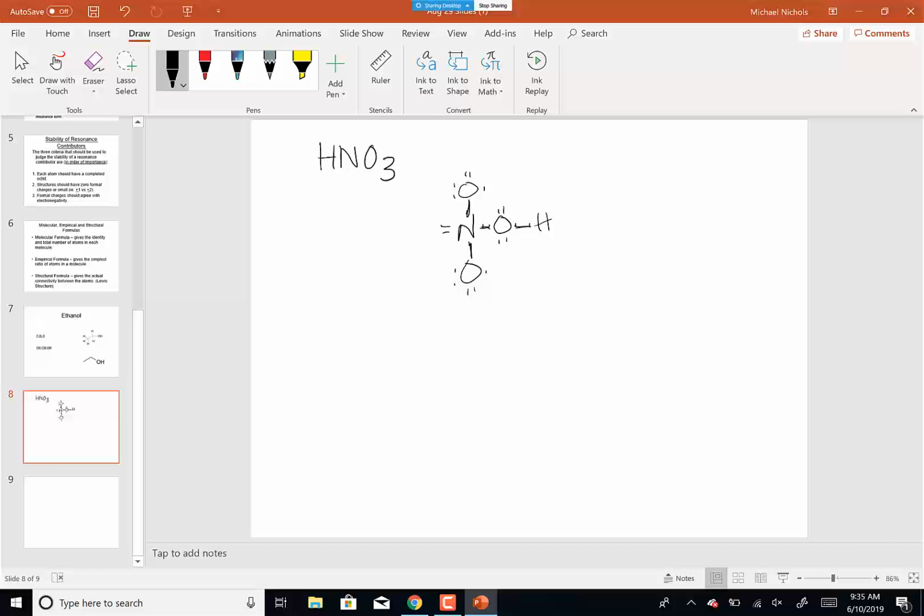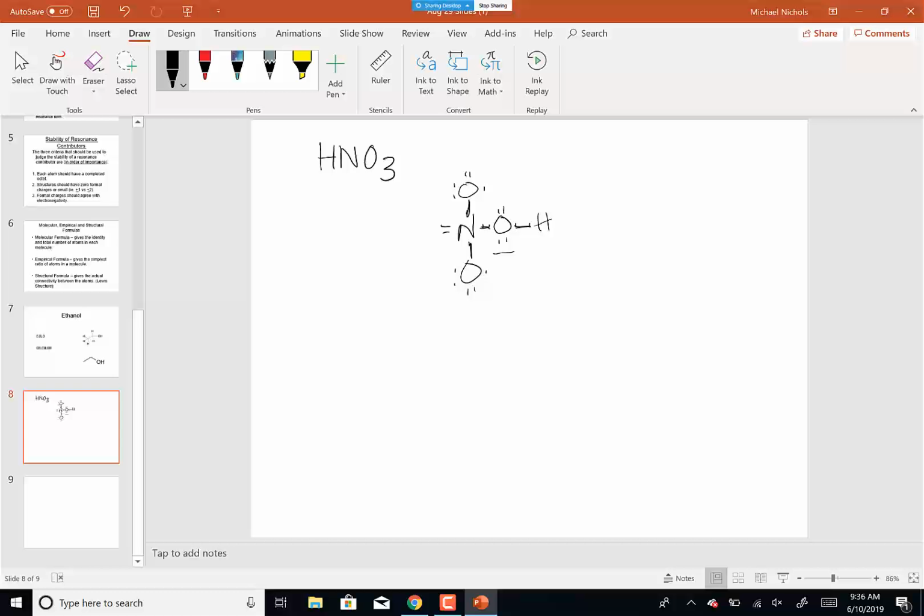Next, I probably want to make sure that each atom has an octet, no more, no less, if possible. Hydrogen only has 2, so it's good. This oxygen right here has 6. We'll leave it alone for the moment. The nitrogen has 2, 4, 6, 8. It's okay for the moment. But these 2 oxygens, they have 2, 4, 6, 7.